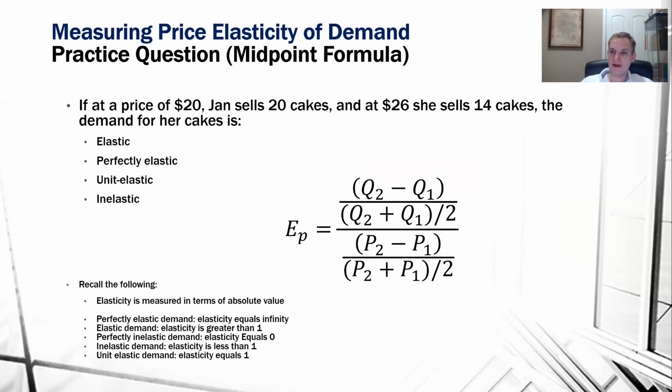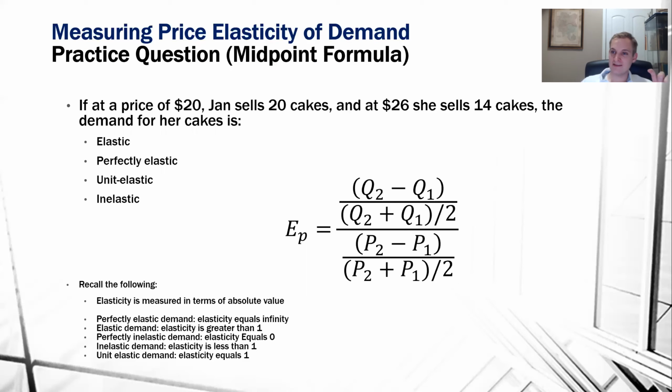I pulled back the midpoint formula, and now we're going to work through this formula by inserting the values for quantity and price. By now, I'm hoping you're familiar or comfortable with what Q1, Q2, P1, and P2 represent. But just to go back over these, P1 is that initial price, so $20.